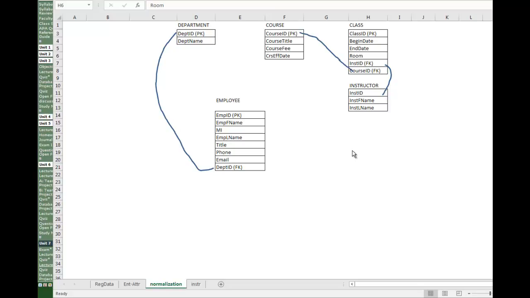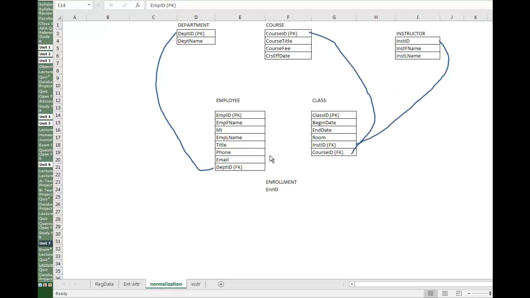Unfortunately, while it is okay to have a many-to-many relationship in your modeling, it is not fully implemented in your physical design, which is the actual creation of the database. So if you have a many-to-many relationship in your model, you will have to break it up into two one-to-many relationships. I'll show you how to do this.